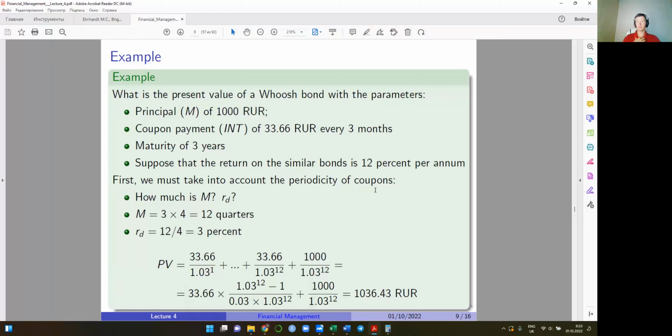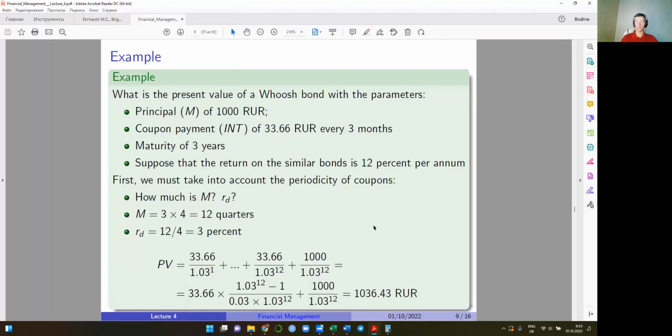So if I'm happy with receiving 12% a year, then I am ready to pay for this bond at most 1036.43 rubles. This is going to be my order to buy the bond.